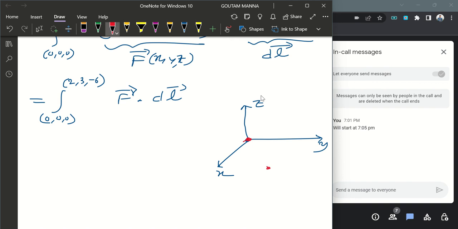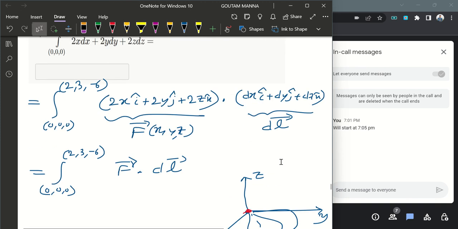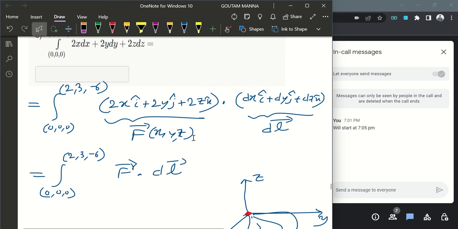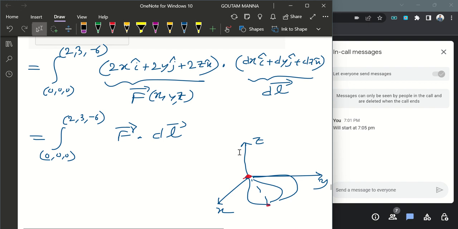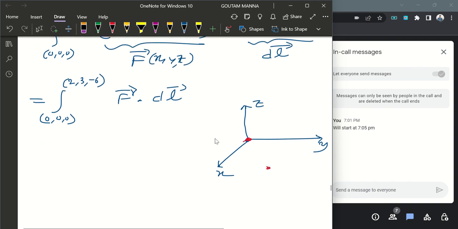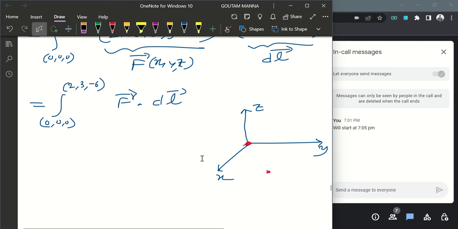Now there can be a lot of multiple paths we can choose. So what path should be convenient, and how can we be sure that all the paths will give the same result?